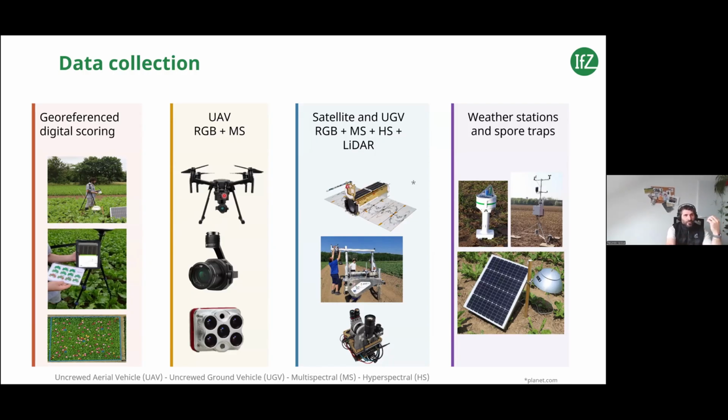We have UAVs, of course, mounted with RGB and multispectral cameras, and after that we use satellites. We have a multi-sensor platform mounted on a robot, and for the most important part, for the forecasting, a microclimate sensor and a spore trap, which is quantified by qPCR.